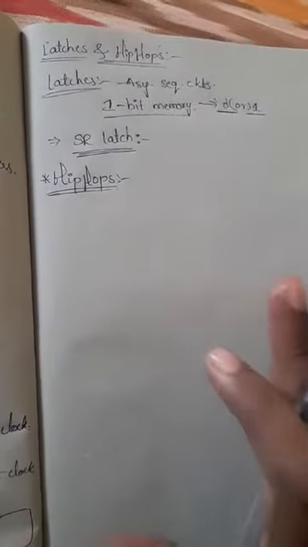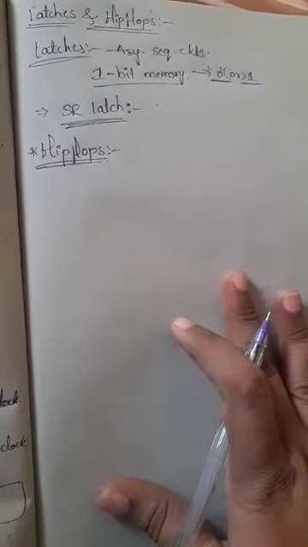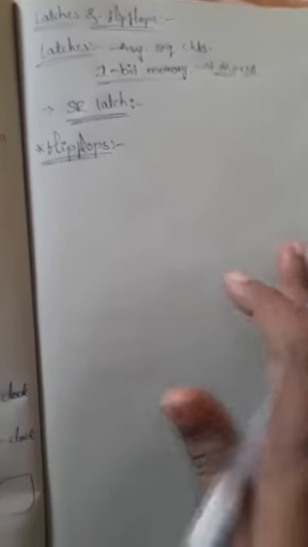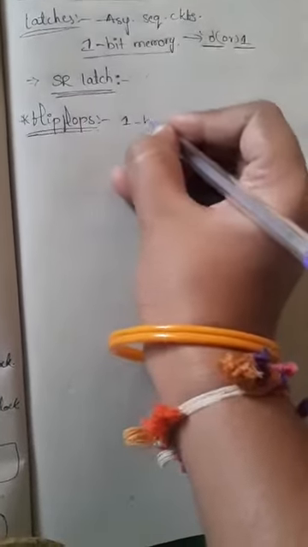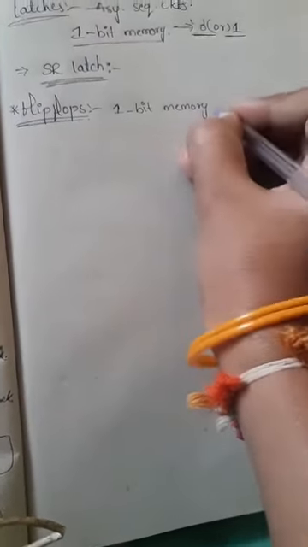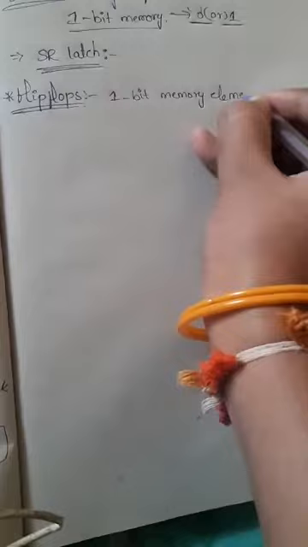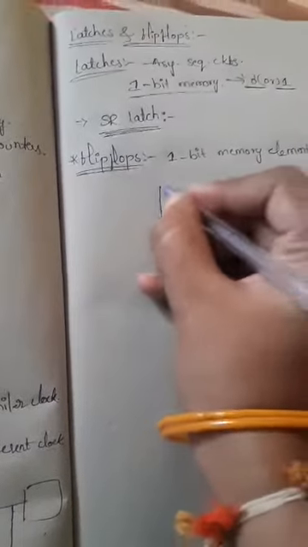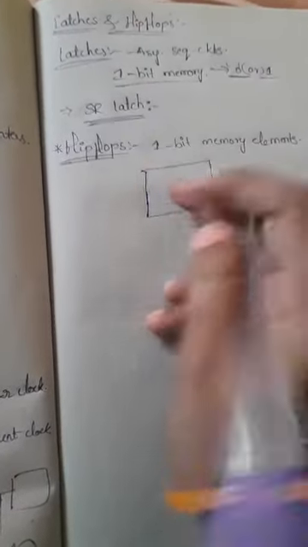Now we'll see the introduction of flip-flops. Flip-flops are generally 1-bit storage elements. Flip-flops are also called 1-bit memory elements. Now we'll see the block diagram of a flip-flop. A flip-flop is a 1-bit storage element.